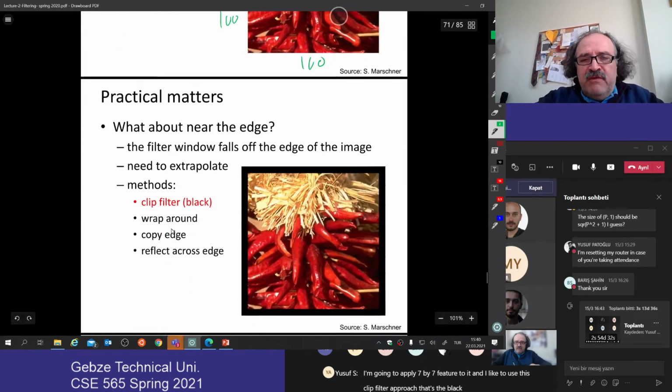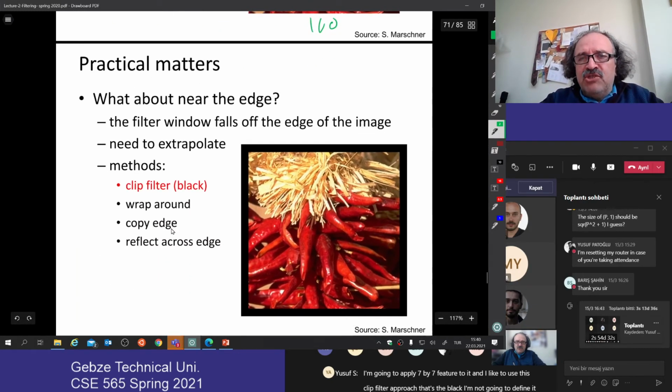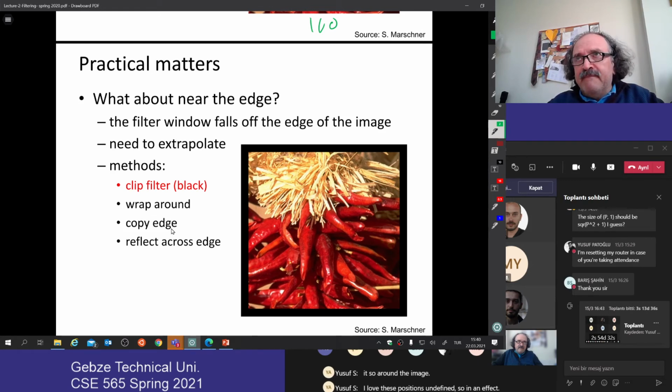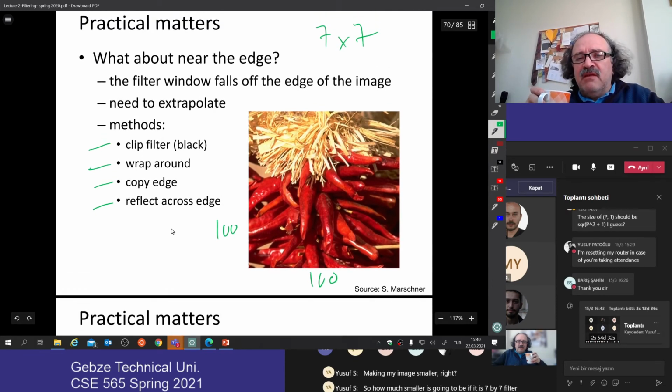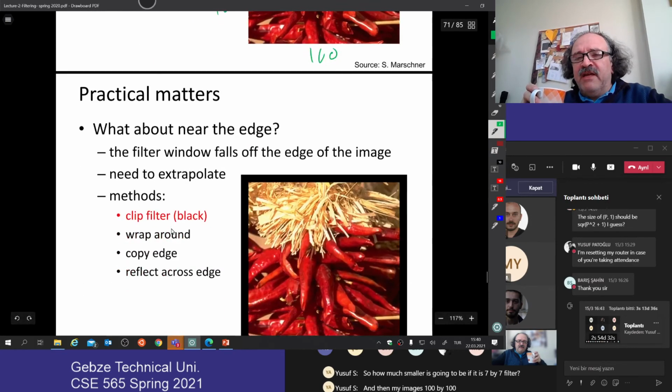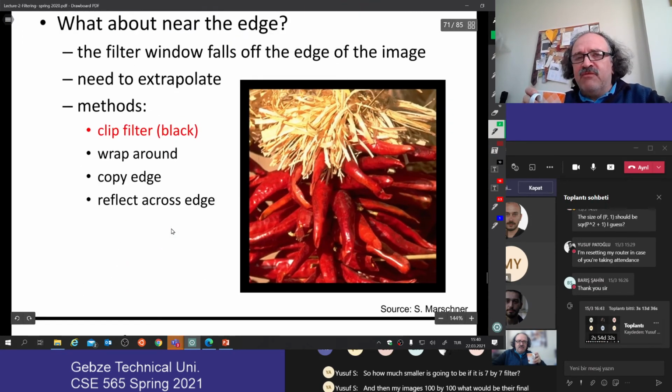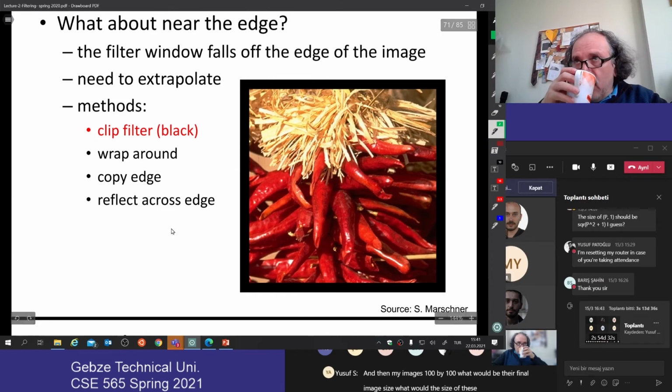I'm not going to define it. So around the image I leave these positions undefined. So in effect I am making my image smaller, right? So how much smaller is it going to be? If it is a 7 by 7 filter and my image is 100 by 100, what would be the final image size? What would be the size of these black regions?